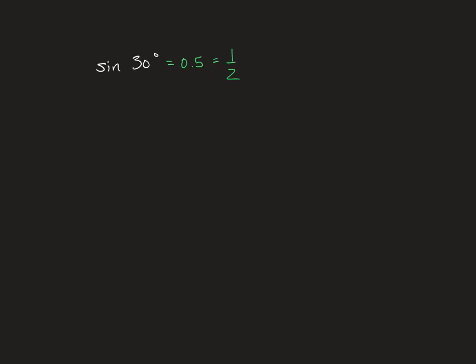That's going to be useful for us because we can use that ratio to create the value for other trig ratios of 30 degrees and be able to talk about those in exact terms as well. So, since we know that the sine of 30 is equal exactly to 1/2, and we know that sine is always opposite over hypotenuse, then we can construct our 30-degree right triangle.